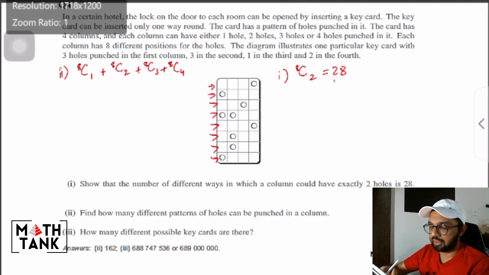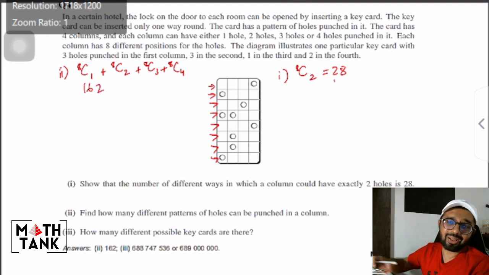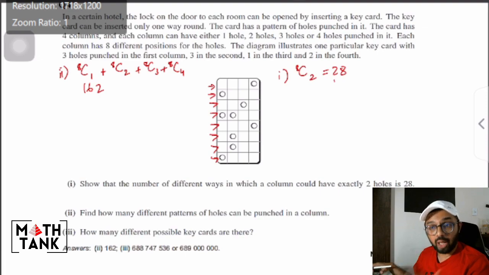So 8C1 gives me 8, plus 8C2 gives me 28, plus 8C3 and 8C4. Okay, that gives me a total of 162 different ways of punching one particular column. So it's just one column that I'm talking about right now.